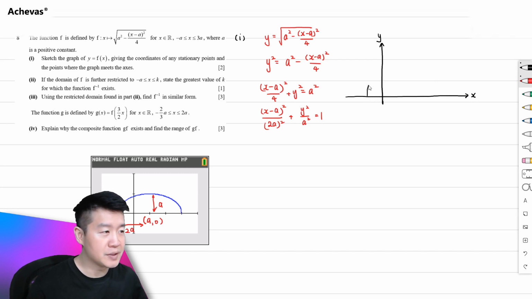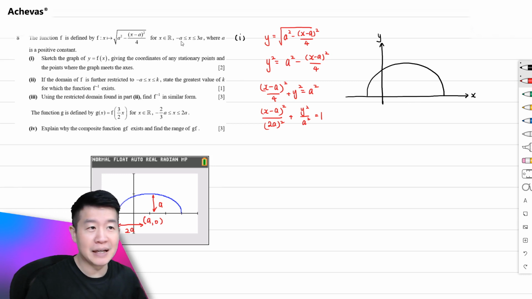So we have an ellipse, something that is like this. According to the question, the domain is between minus a and 3a, inclusive of both values. The center of the ellipse is going to be at (a, 0), and a is a positive number, so I know this is going to be on the positive x-axis.